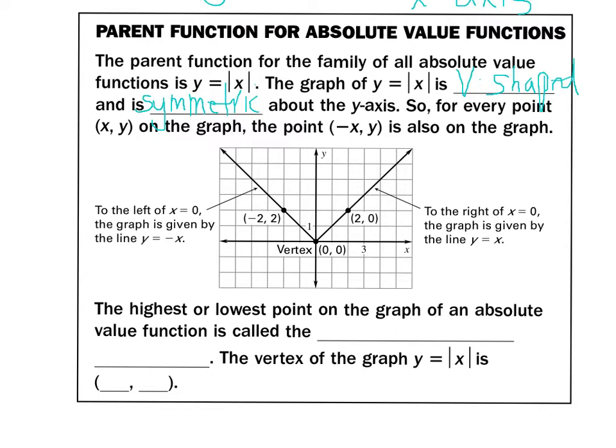So for every point x, y on the graph, the point negative x, y is also on the graph. The highest or lowest point in the graph of an absolute value function is called the vertex. The vertex of the graph y equals absolute value x is 0, 0.